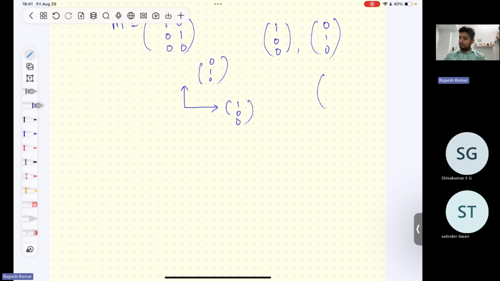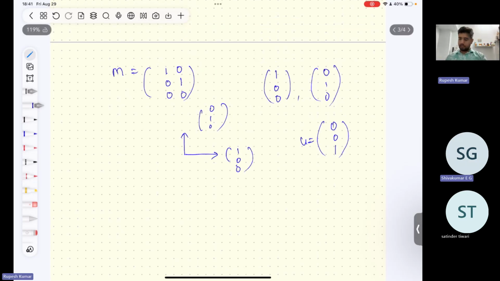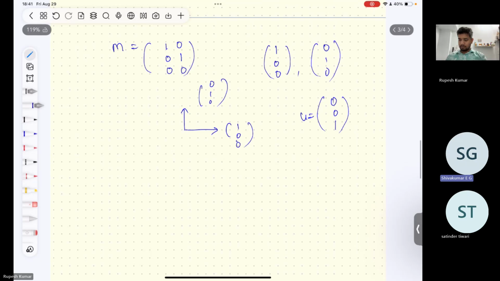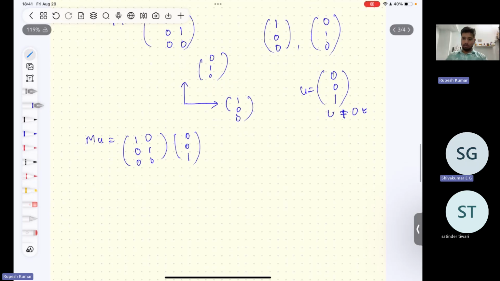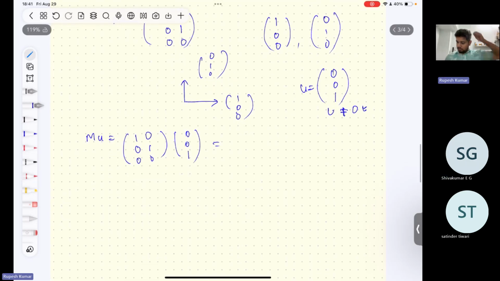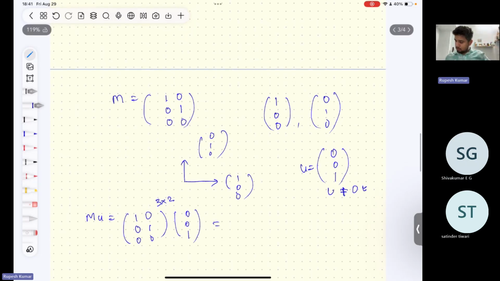Now let's say I take a vector u as 0 0 1, right? Now what is the value of M into u? U is a non-zero vector, right? The important thing is u has to be non-zero.